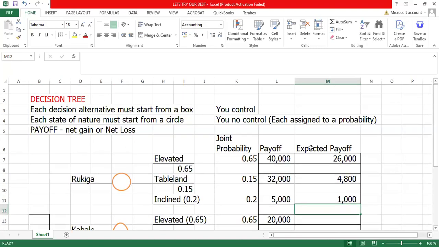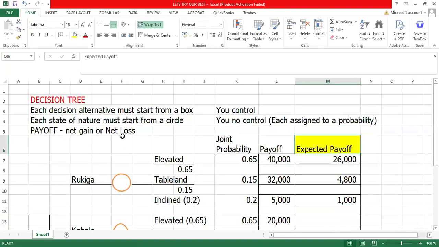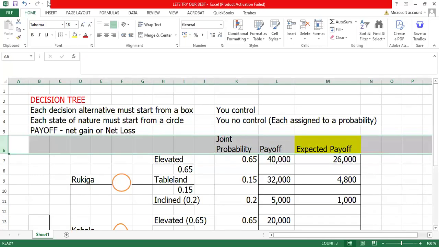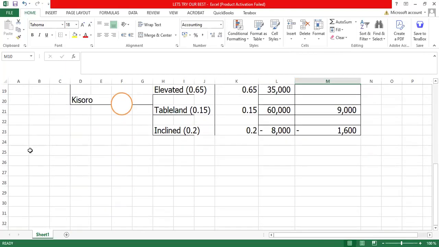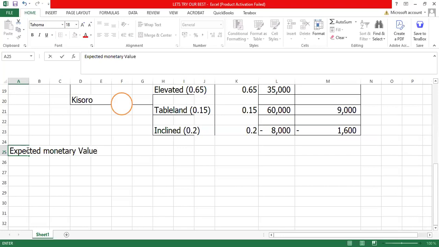Okay, that is our expected payoff. Colleagues, this is your decision tree. They need you to determine the expected monetary value. I'm still competing with noise here.